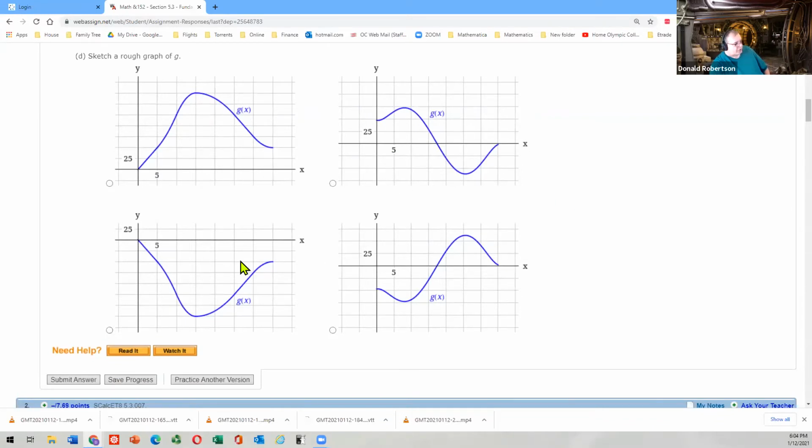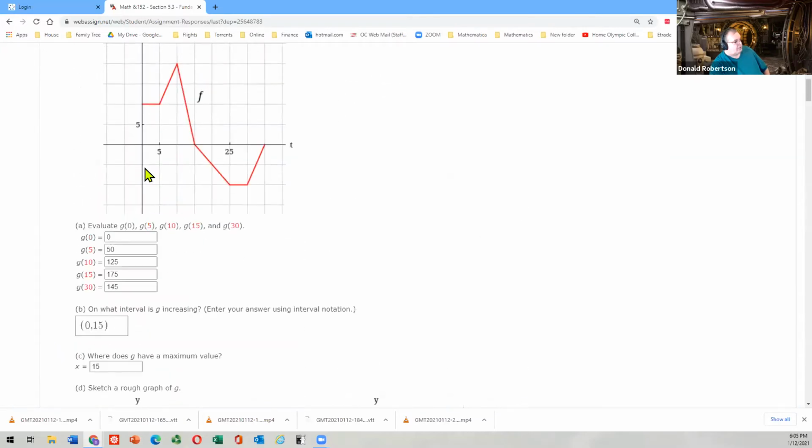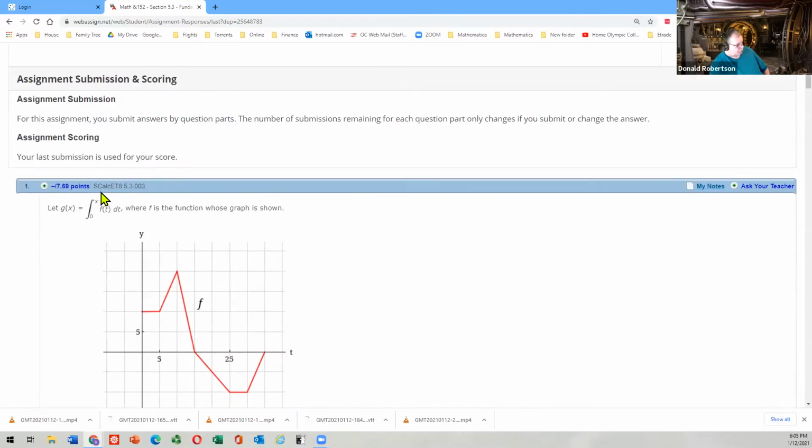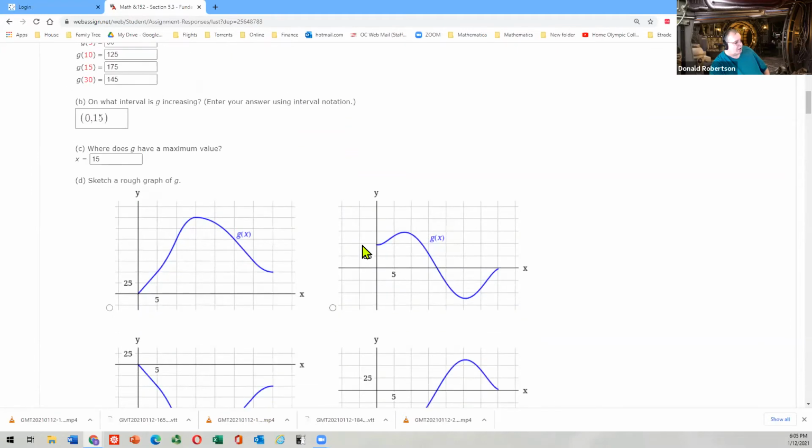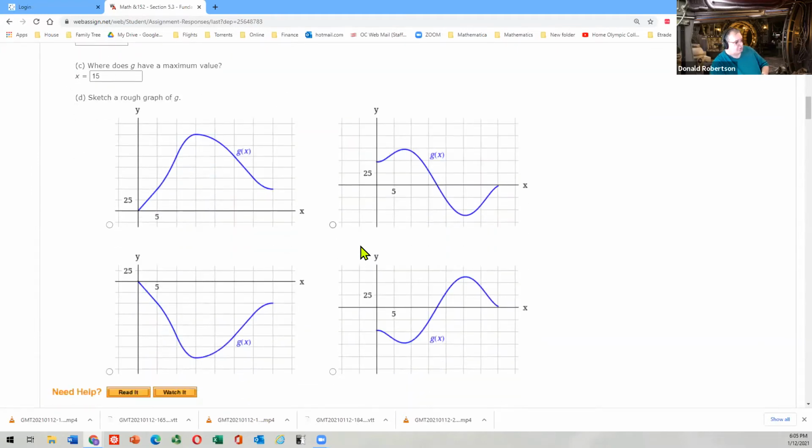Here are 4 graphs of what this integral function would look like if you actually found lots of values and plotted them. But only one of these is correct. So you've top left, top right, bottom left, bottom right.